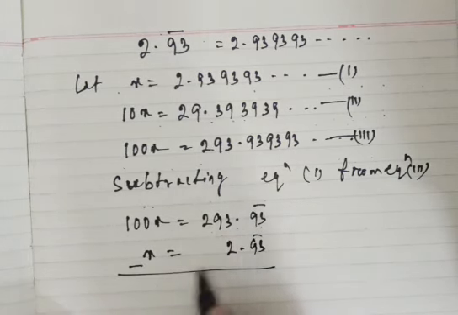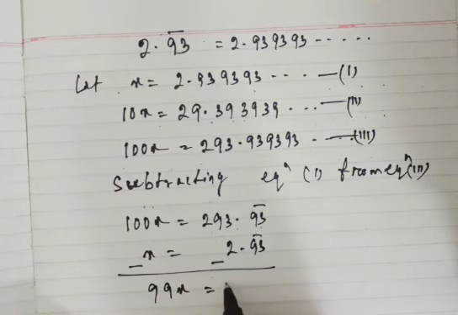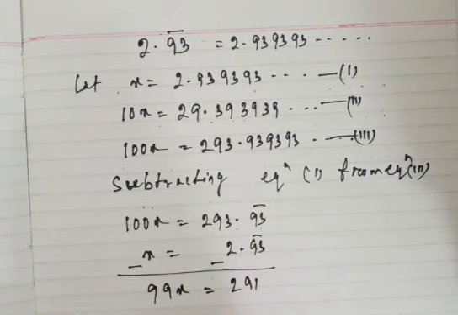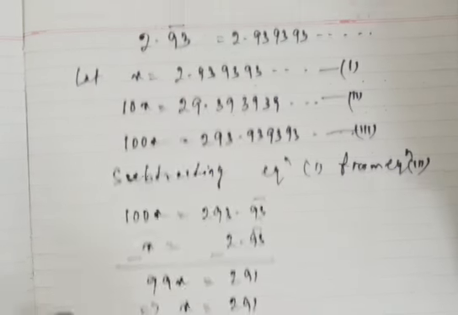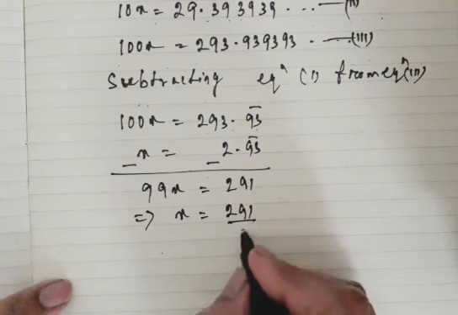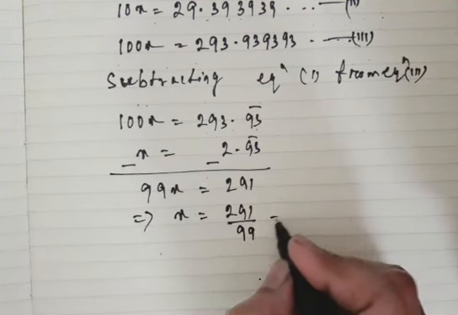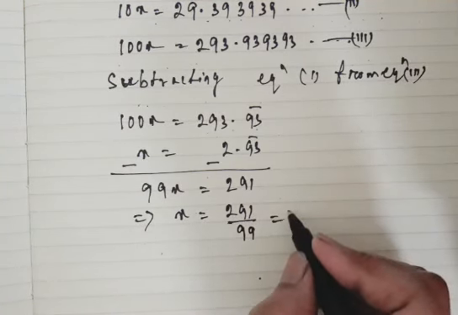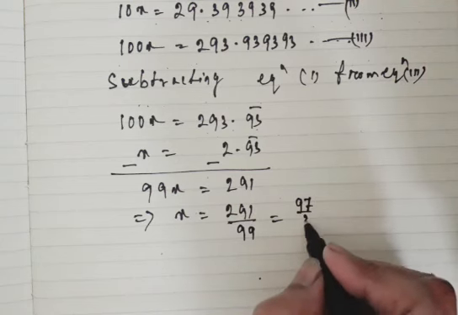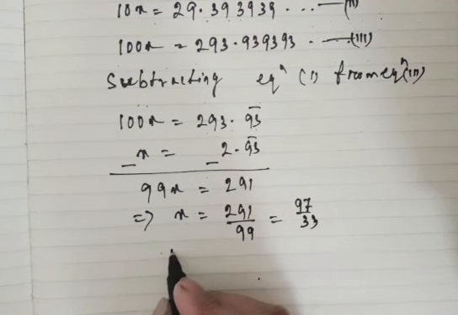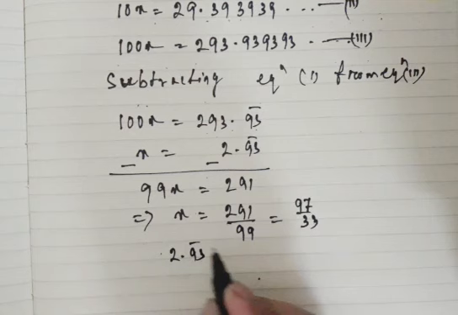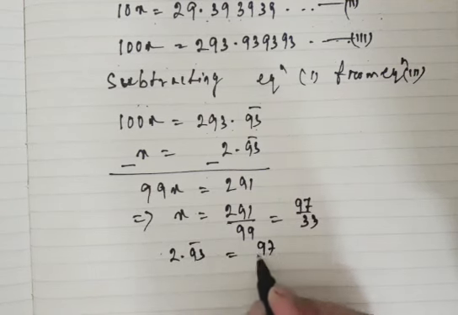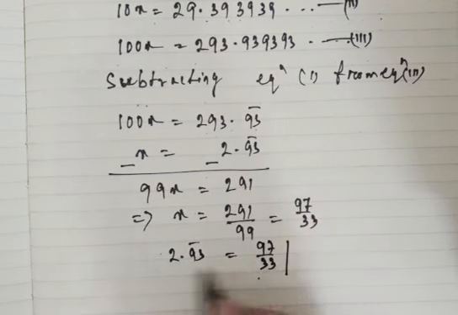After subtracting we get 99x is equal to 291, so x equals 291 divided by 99, which in lowest terms is 97 by 33. So 2.93 bar is equal to 97 by 33.